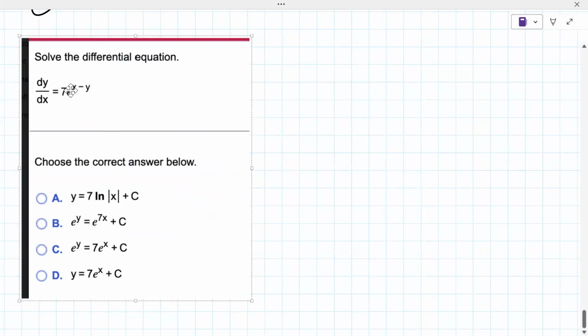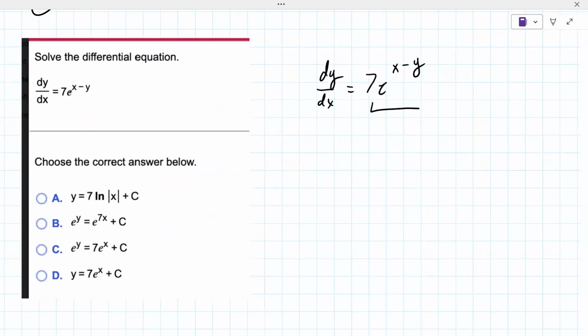So this requires you to be able to separate out what's going on here. This part is probably the most unclear. It's e to the x times e to the minus y. The reason it breaks apart like that is if the bases are the same, you're adding the exponents. You might say, wait, there's a subtraction there. Yeah, you add them. x plus negative y is x minus y.